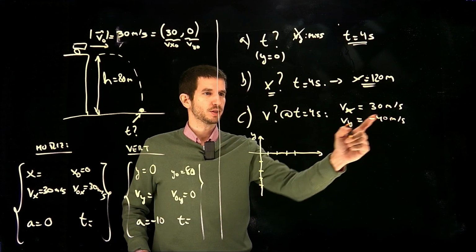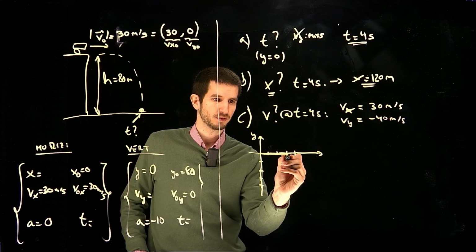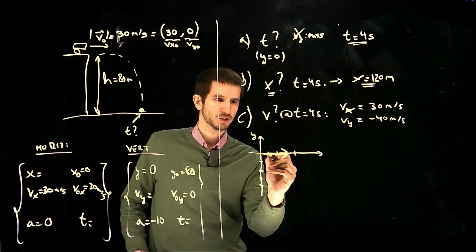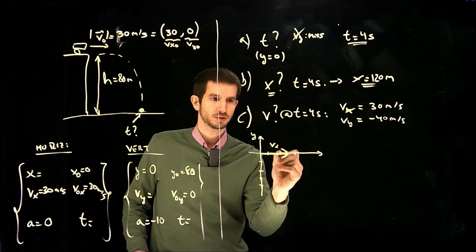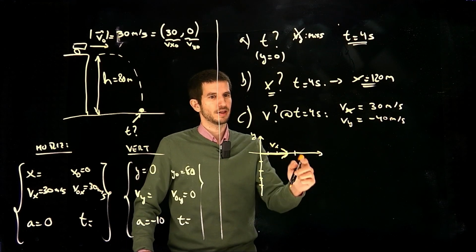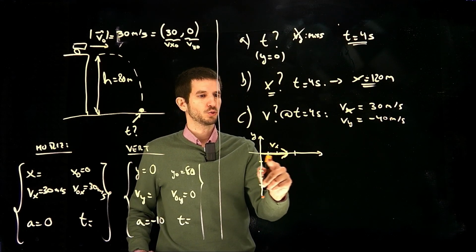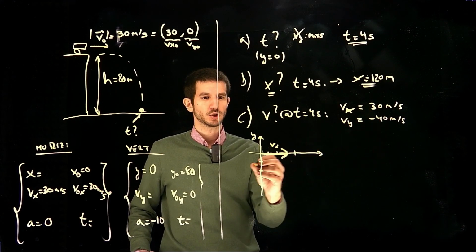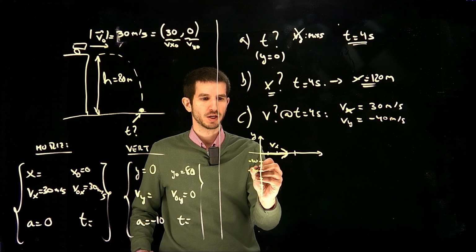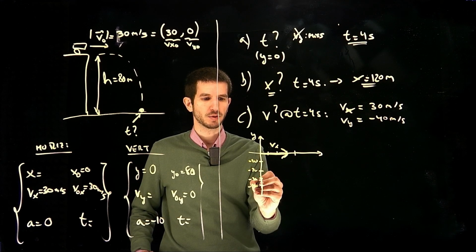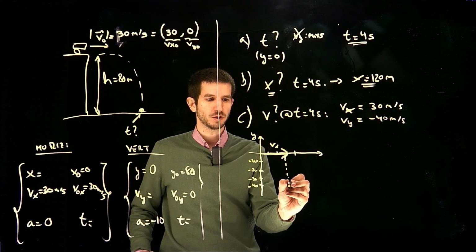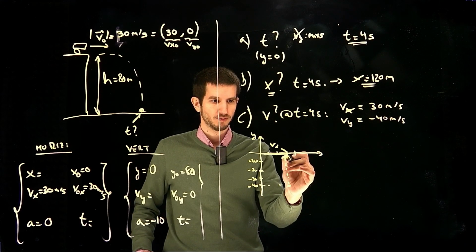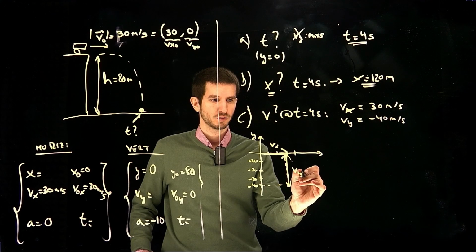The first one is 30 in x, so this is the vector that we have, right? This is the vector of Vx, if you wish. And then you have the x, that's the x component, right? You need to go 30 towards the right. But what about the vertical? You have to go 40 down. So if this is minus 10, this is minus 20, this is minus 30, then this is minus 40, so you need to go minus 40 down. So that's about here. So that's going to be the Vy, right?